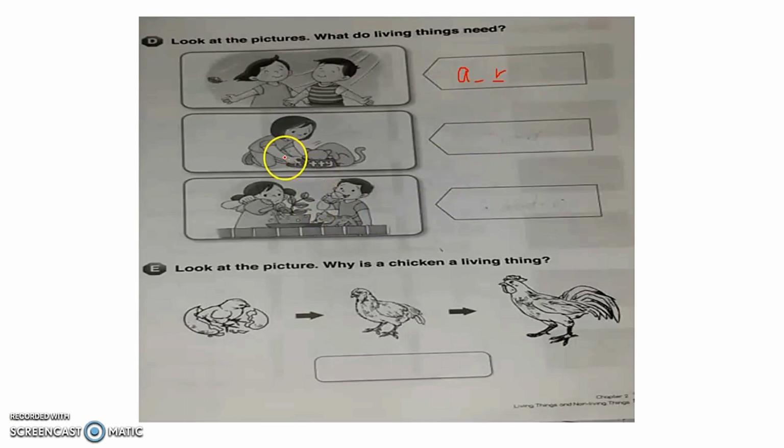So next, second picture. A cat eating a blank, and the girl gives the blank. So the answer will be F. You are going to supply the blank.